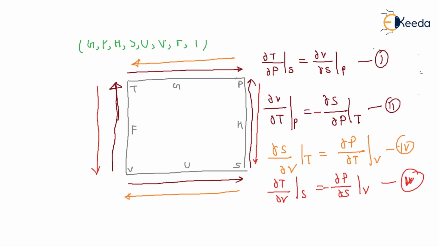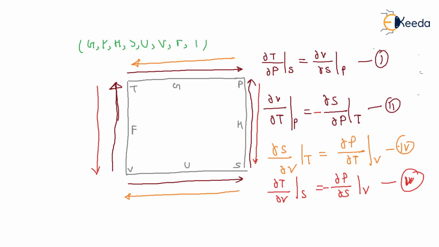So match all this. ∂T/∂P at constant pressure is equal to ∂V/∂S at constant pressure, correct. ∂V/∂T at constant pressure is equal to minus ∂S/∂P at constant temperature.